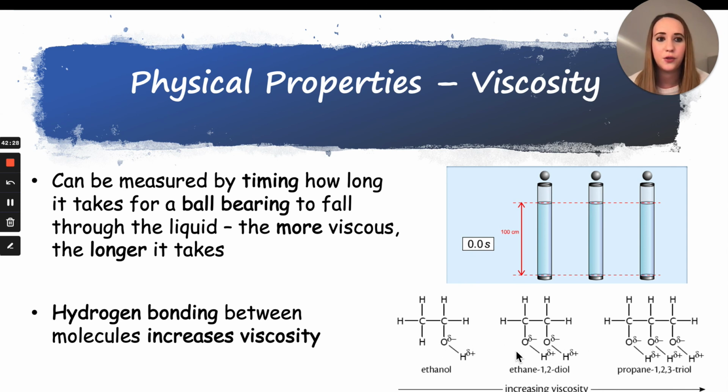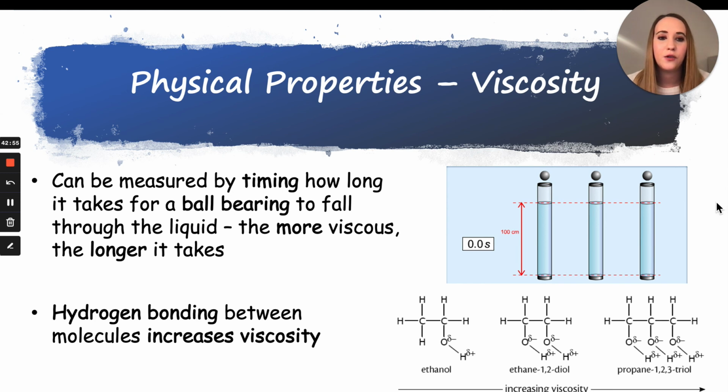This diol has got two hydroxyl groups, and then this triol, glycerol, has three hydroxyl groups. The more hydroxyl groups allow for more hydrogen bonding between the molecules, and therefore the glycerol here at the end will be much more viscous than ethanol because the glycerol's got more hydrogen bonding.